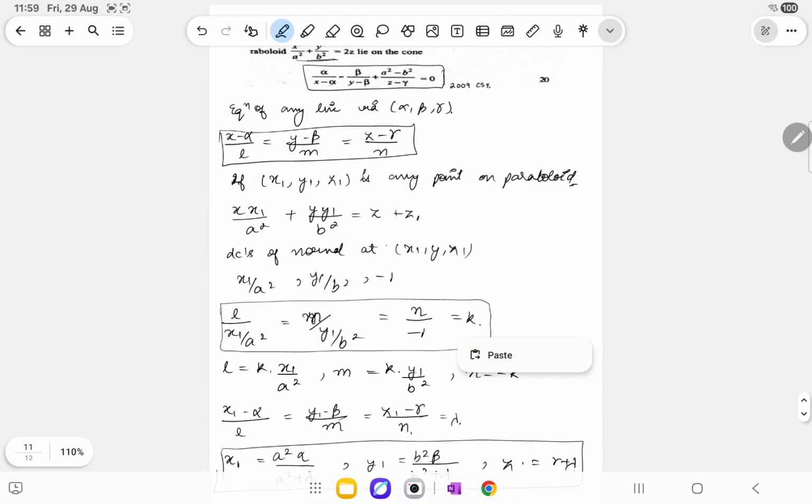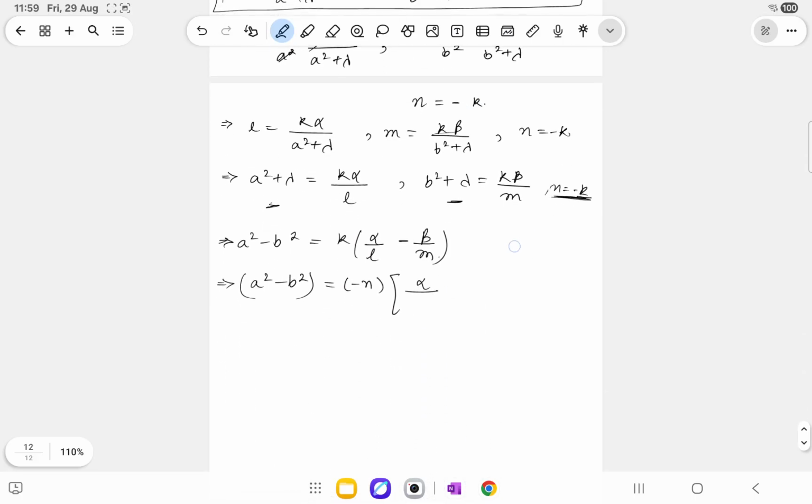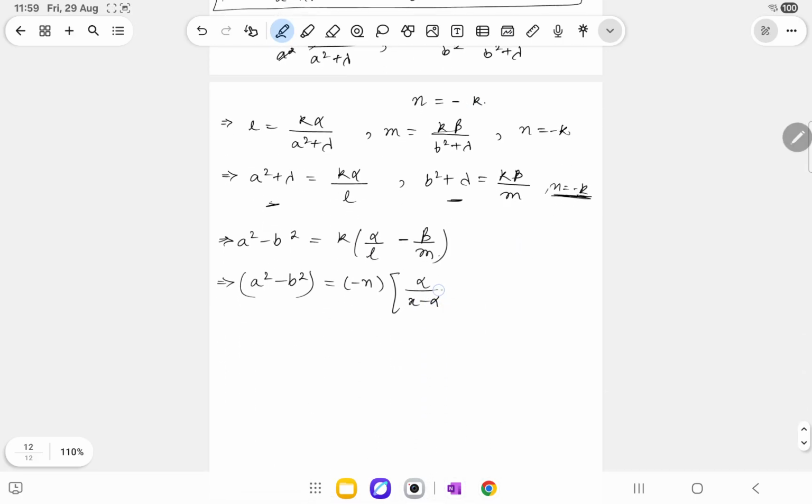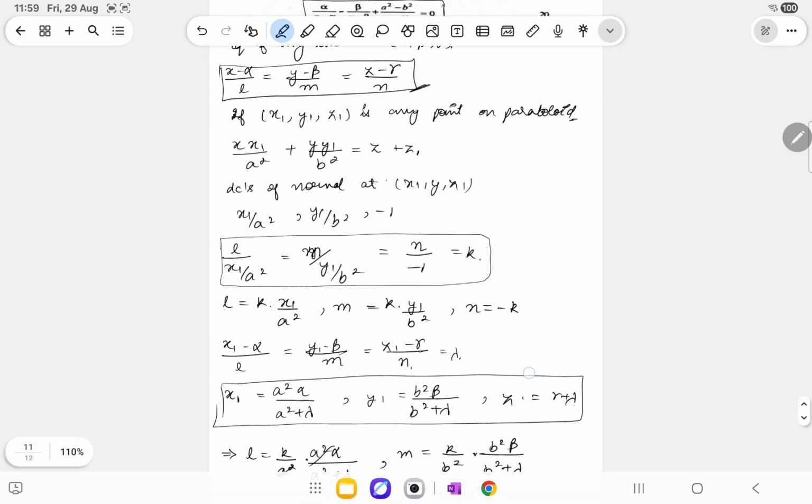From this equation, my L will be proportional to x minus alpha, and M to y minus beta. If I simplify it, I'll get a square minus b square plus N times alpha upon (x minus alpha) minus beta upon (y minus beta) is equal to 0. I guess this is what we're supposed to prove in the question.